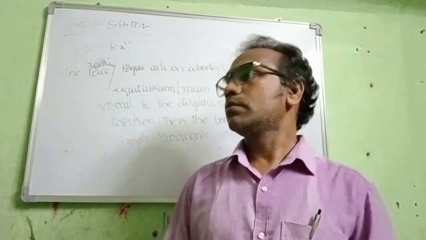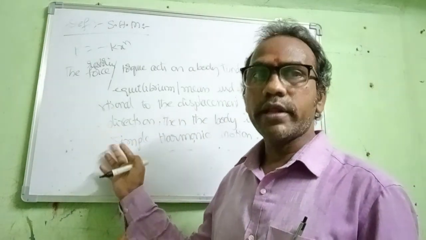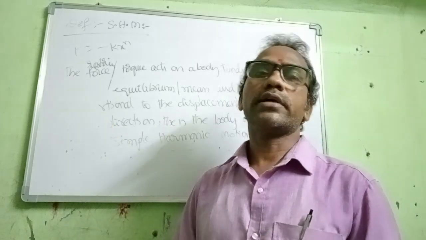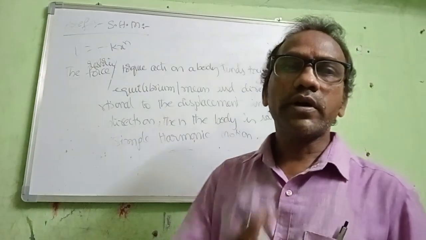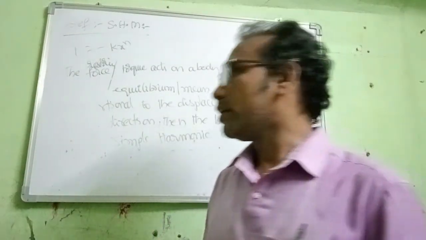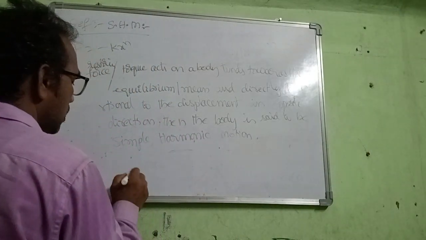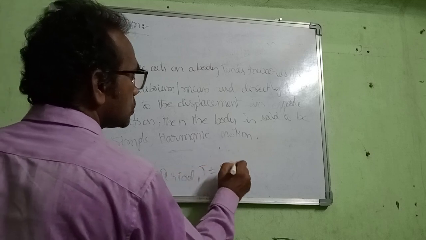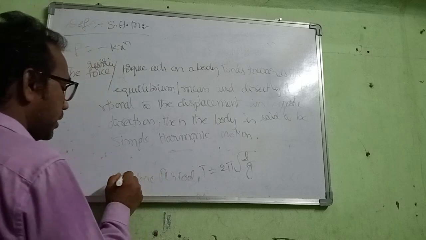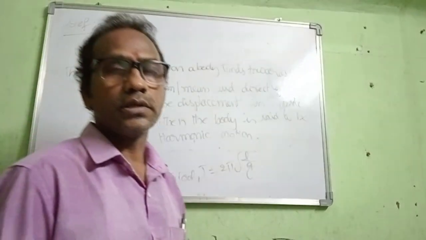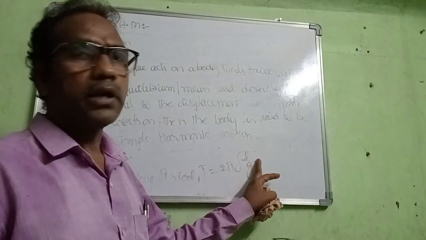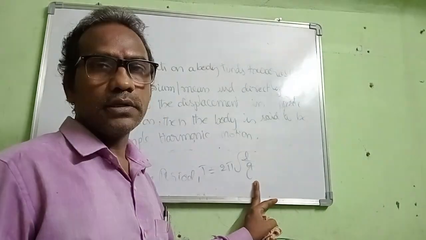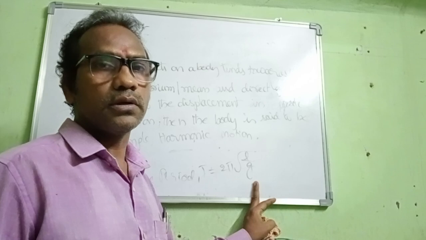The formula: time period T equal to 2 pi into square root of L by g. T is time period, L is the length of the oscillator, g is the acceleration due to gravity of the planet.